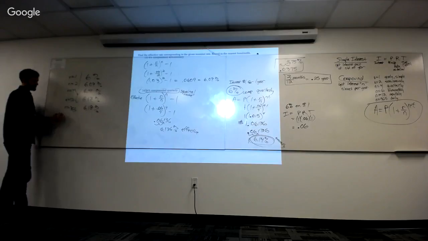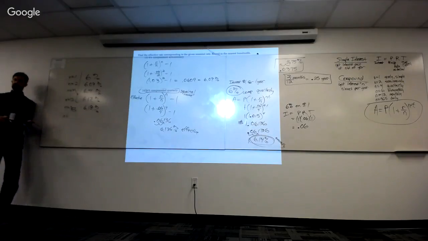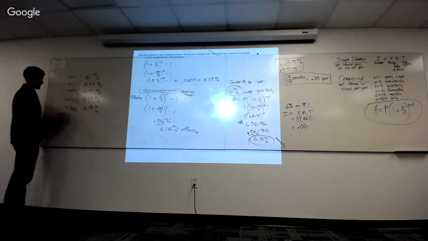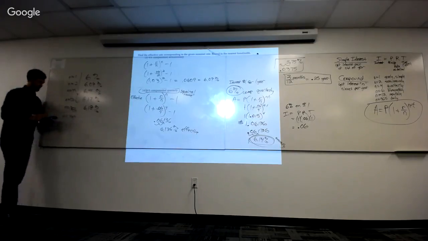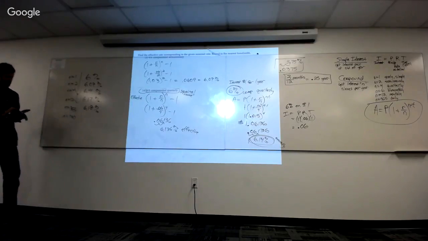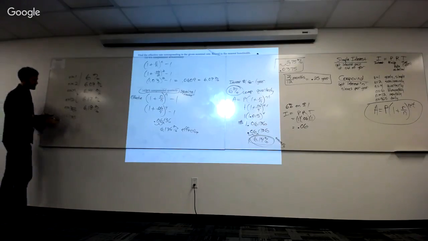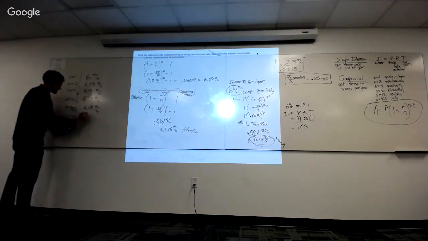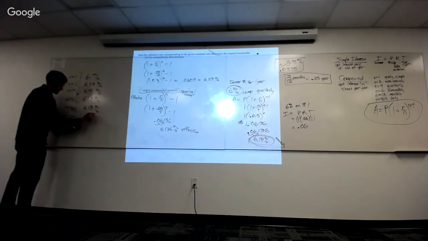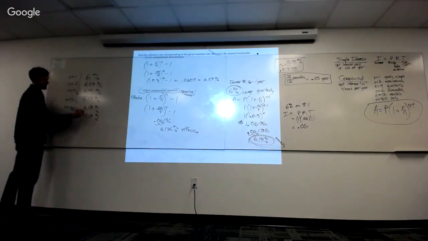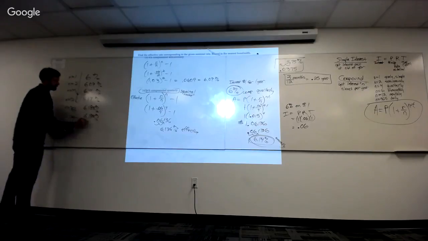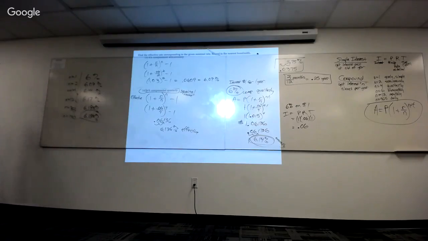Now what n value should we do just for funsies? Twice a day? If you got interest twice a day, that would be 365 times 2, which is 730. So what if we did 730 times a year? It didn't even improve it. It's still 6.18%. So 365 would be our cutoff, in this particular scenario.